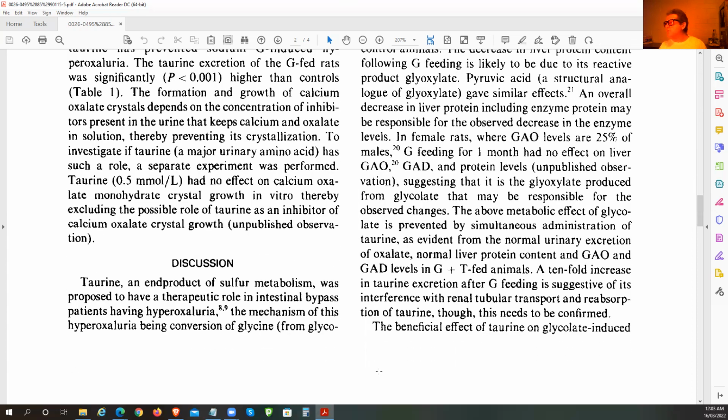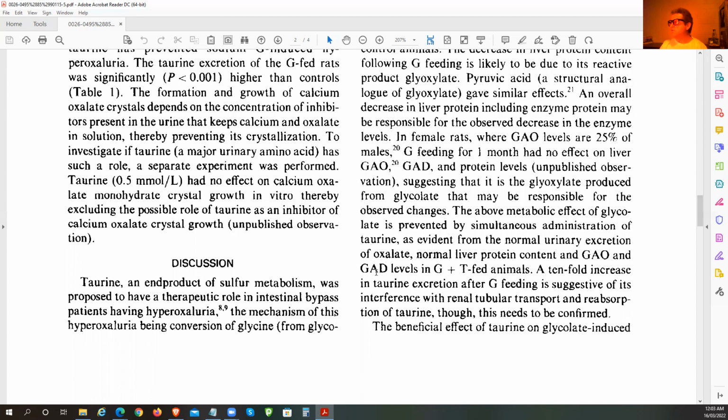The above metabolic effects of glyoxylate are prevented by simultaneous administration of taurine, as evident from the normal urinary excretion of oxalate, normal liver protein content, and GAO and GAD levels in the glycolate plus taurine-fed animals.